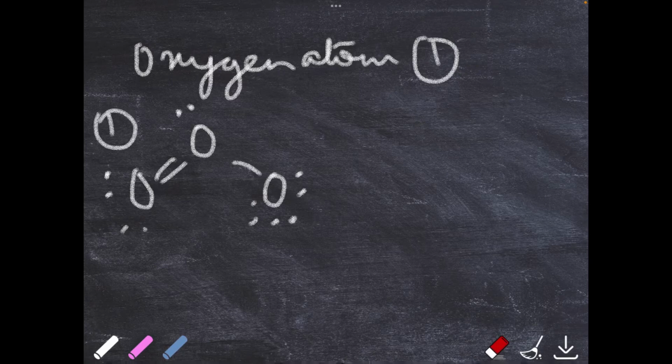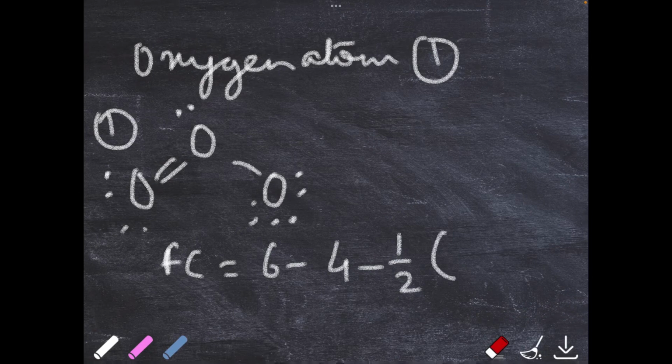If I take this oxygen atom, then formal charge is number of valence electrons, which is 6, minus number of lone pair electrons, that is non-bonded electrons, which you can see are 4, minus half into bonded electrons. There's a double bond, so bonded electrons are 4, because each bond consists of 2 electrons. So this will be 6 minus 4 minus half into 4, which is 2. So this will be equal to 0. So the formal charge on this first atom of oxygen is 0.